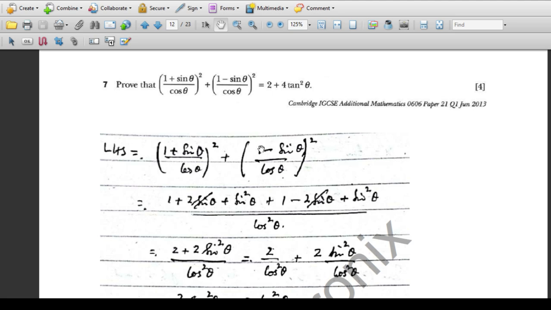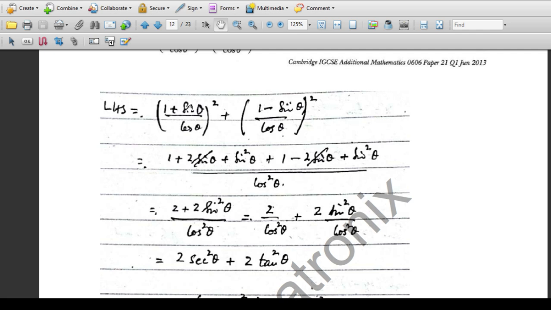This is a minus b whole square, a square minus 2ab plus b square. This is cos square theta in the denominator. So we take the LCM and write this down. We skip one step here and write directly. If we know it well, we can save time.